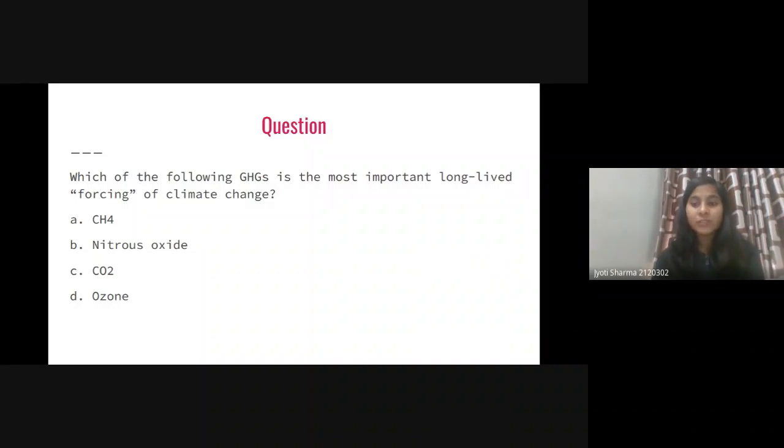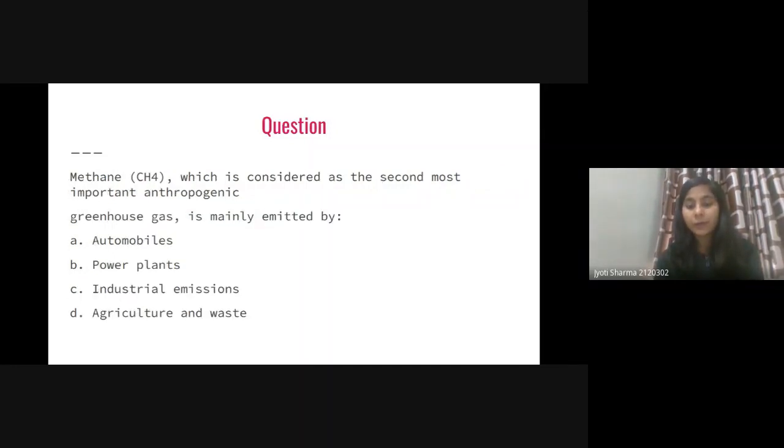So if you know these two questions, then obviously you can give me the answer for this. And Rashmi gave me the right answer, that is the carbon dioxide. Carbon dioxide has a long lifetime in comparison to methane, nitrous oxide, and the ozone, because it is in years. We will talk about it as well.